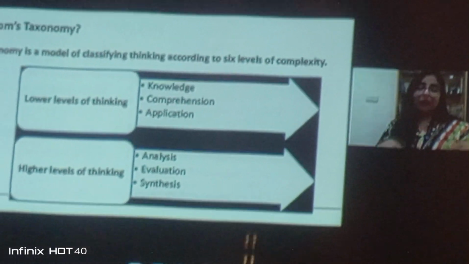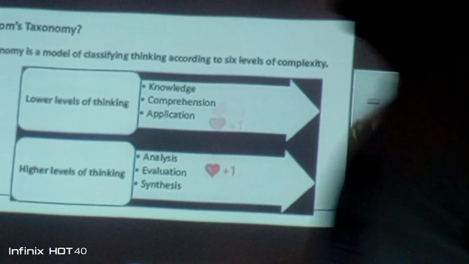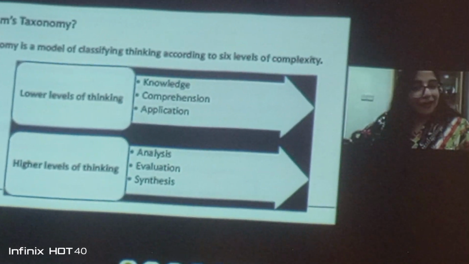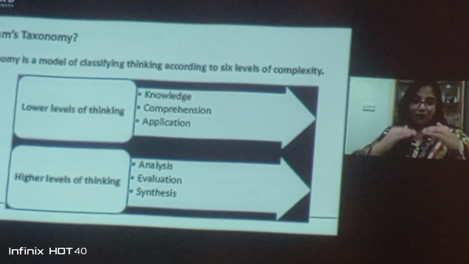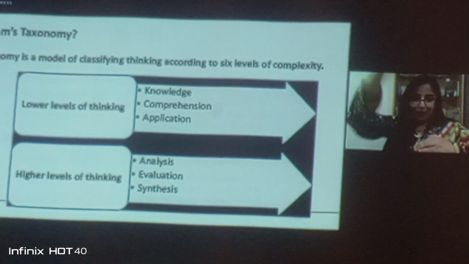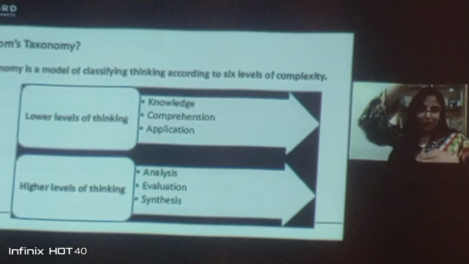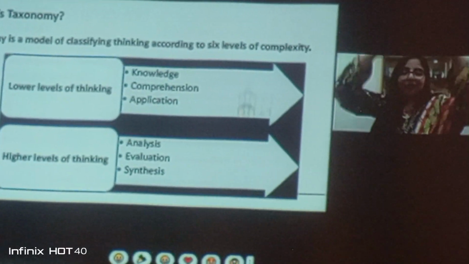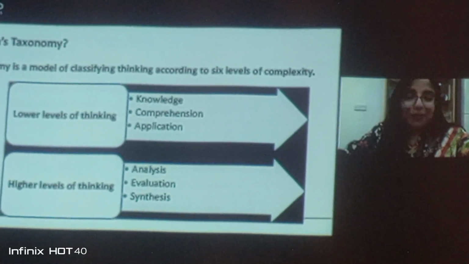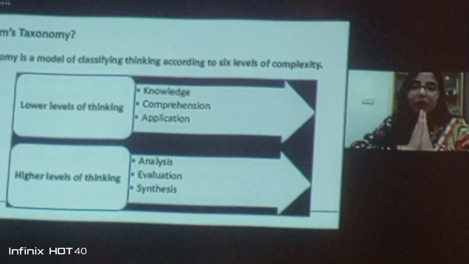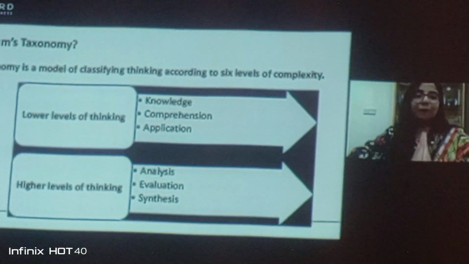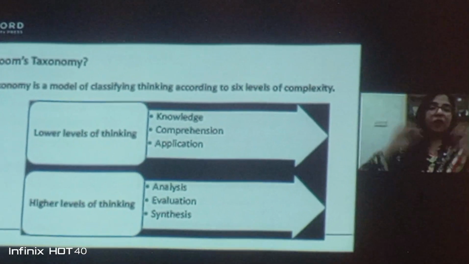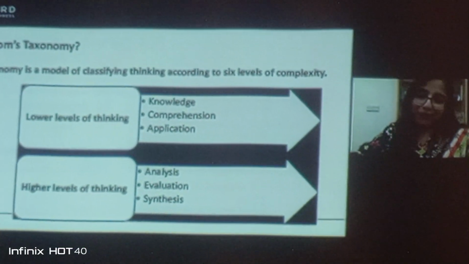So when you talk about the lower and the higher order thinking skills that are in the same sequence, from the bottom to the top. So from the bottom to the top, you go out lower to higher order thinking skills. And as you seek what are the different questions that I'm going to formulate in each and every domain, then you are a smart teacher, ladies and gentlemen.